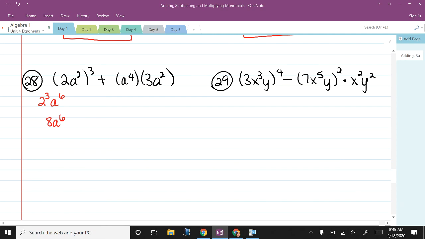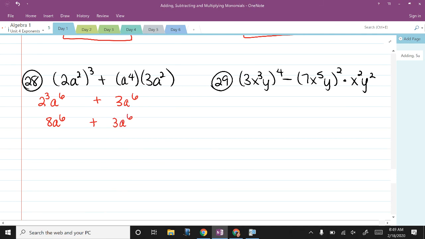I'm just going to copy these plus signs down here and then roll with it. So right here we're just multiplying, correct? And all we can do then is add my exponents on my a's. 3 times 1 is just 3. And that's going to be a to what power? You add them, so it's a to the 6. I'm going to drag that all the way down so that they're on level rows.